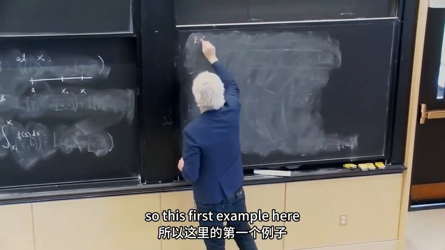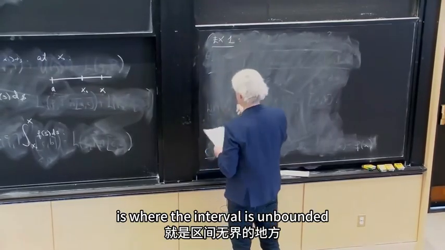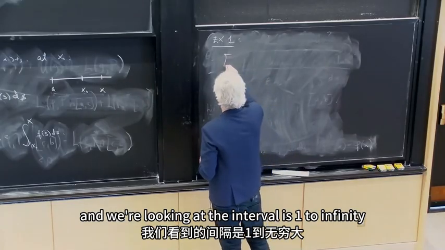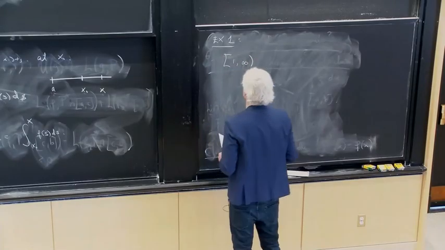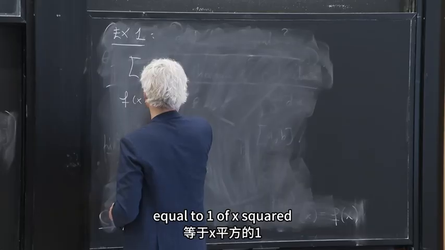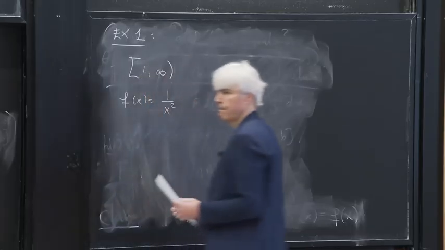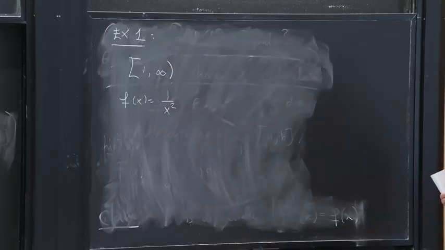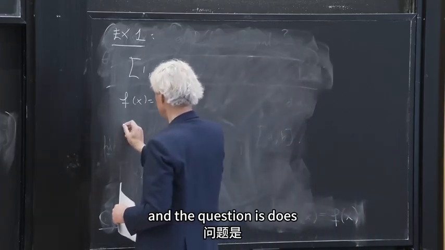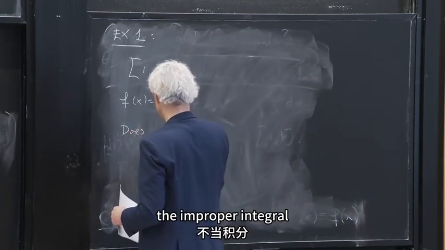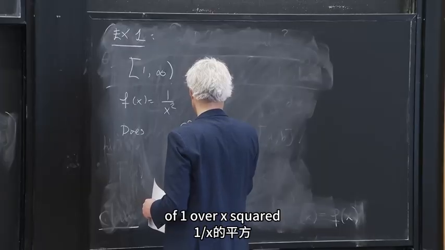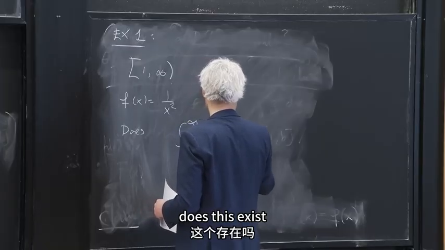The first example is where the interval is 1 to infinity, and we're looking at the function f of x equal to 1 over x squared. And the question is, does the improper integral of 1 over x squared dx exist?